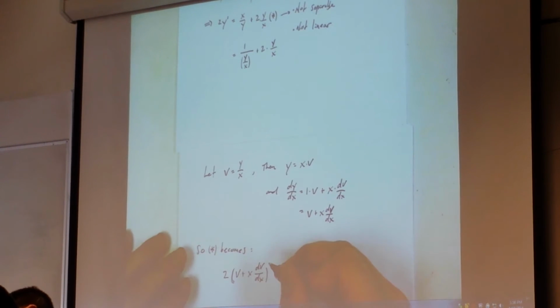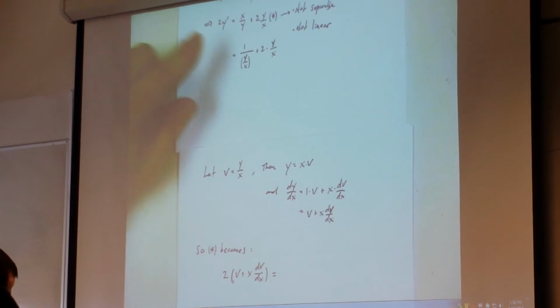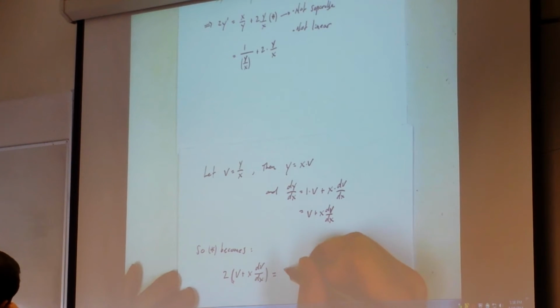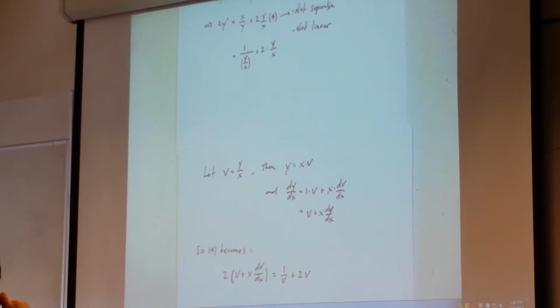Okay, equals, that's 1 over v plus 2v. Okay, so we're transforming this equation into one involving dv dx and v. Multiplying this through, oh, nice.